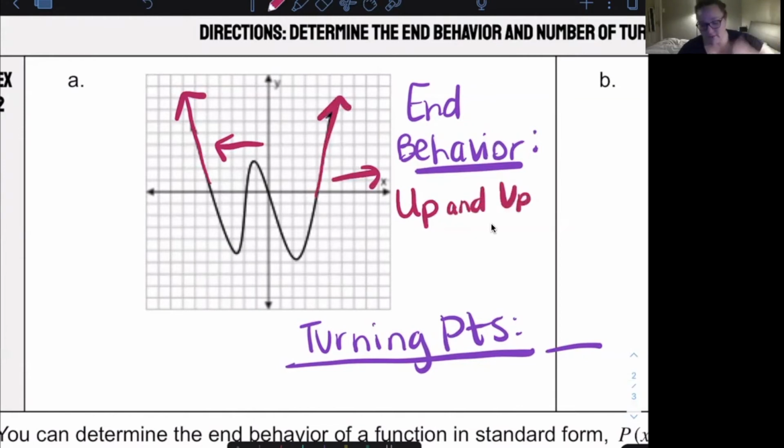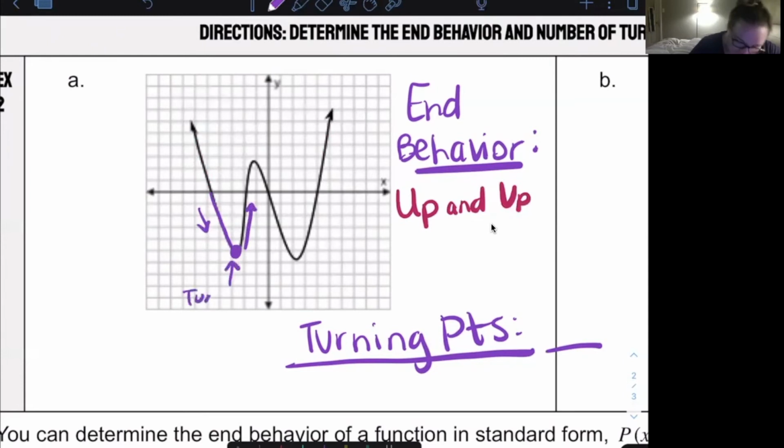Well, then we need to talk about the number of turning points. So remember, a turning point occurs when your function goes from increasing to decreasing, or it switches from decreasing to increasing. So for example, as this curve approaches this point, we're decreasing. But then after this point, we're suddenly increasing. That makes this point a turning point.